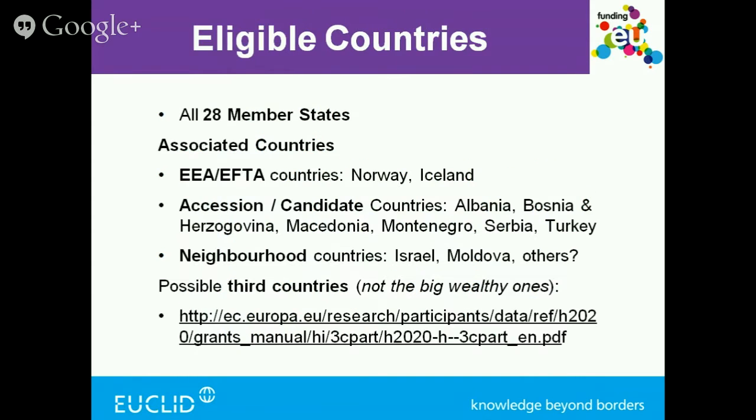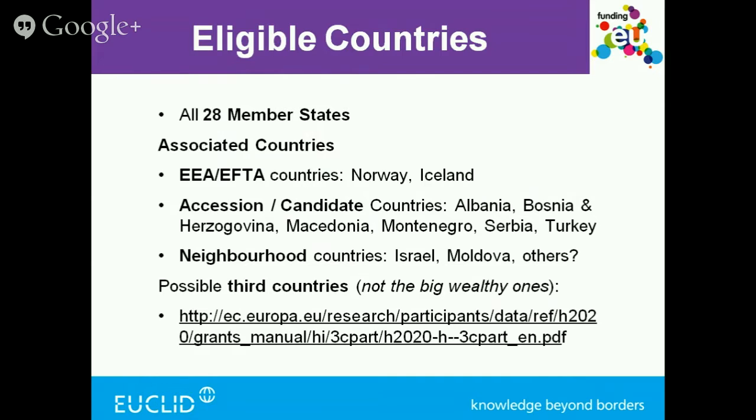Good. Eligible countries: the usual member states, associated countries, so Norway and Iceland, the European Economic Area, Free Trade Area countries, and the accession candidate countries: Albania, Bosnia, Macedonia, Montenegro, Serbia, and Turkey. Neighborhood countries, my understanding is that it currently includes Israel and Moldova, and may include others.